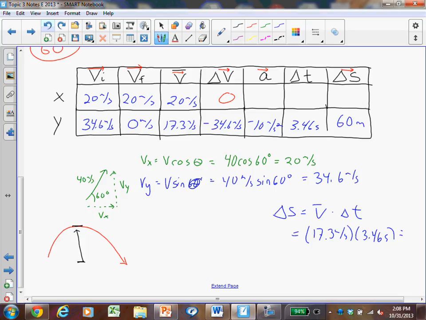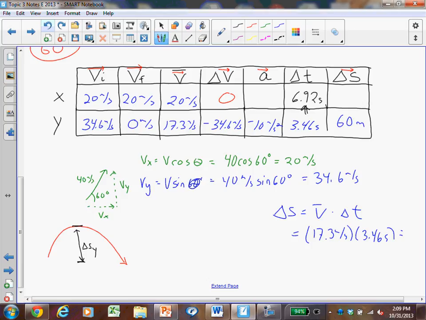So that's our delta S in the Y, but that's only half the time. I need to get double this, which would be, what? 6.92 seconds, right?